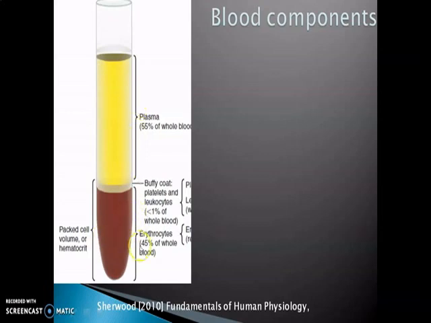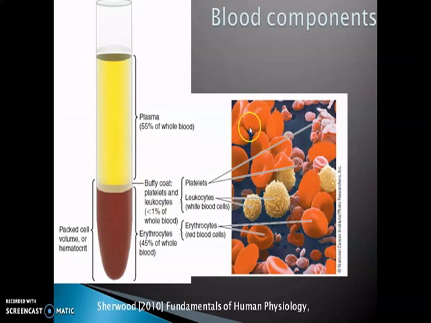The lower portion, dark red, is made up of RBCs or erythrocytes, 45%, and about 1% of the intermediate buffy coat is made up by the platelets and leukocytes. If you see under the microscope, these are the red blood cells, these are the white blood cells or leukocytes of different sizes, and these are the platelets.